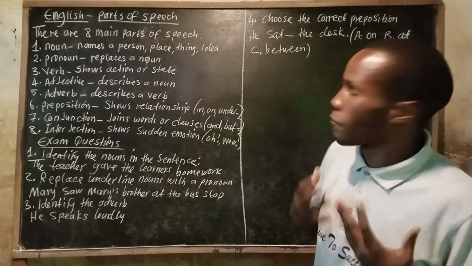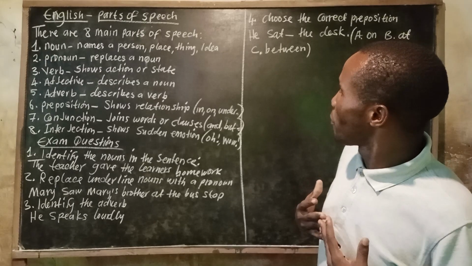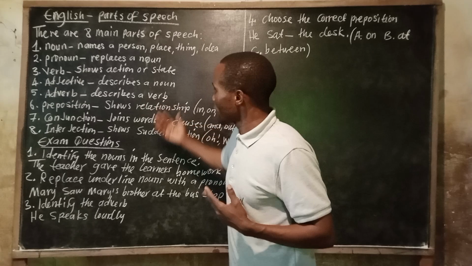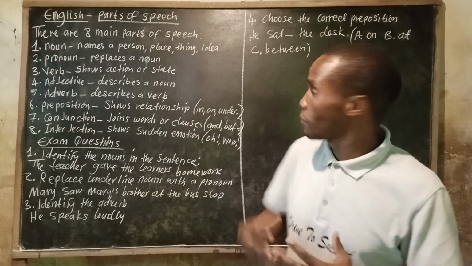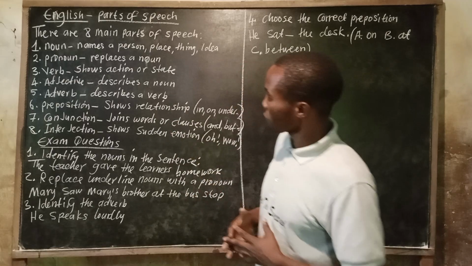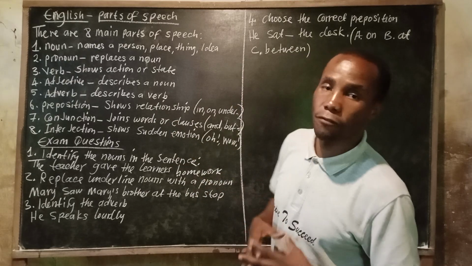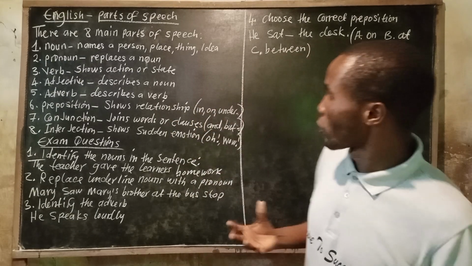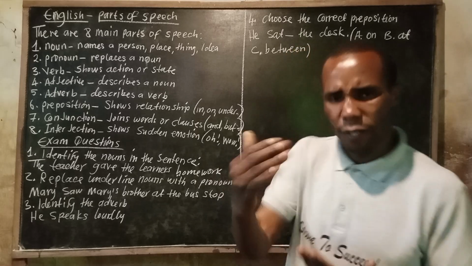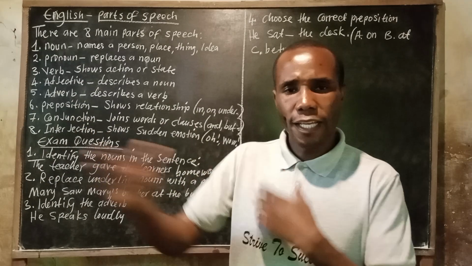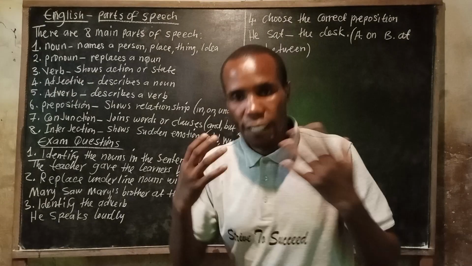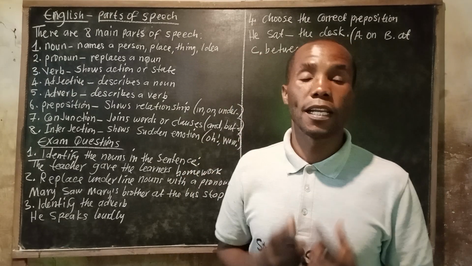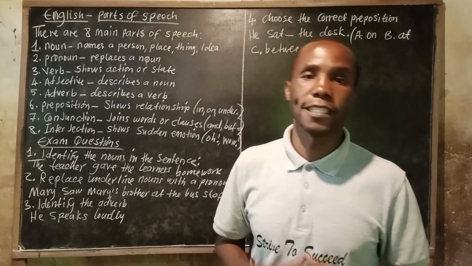Then 5, adverb. An adverb describes a verb. So an adjective describes a noun, then an adverb describes a verb. Then 6, we have preposition. A preposition shows the relationship between words. Prepositions help you as a learner to construct a sentence.